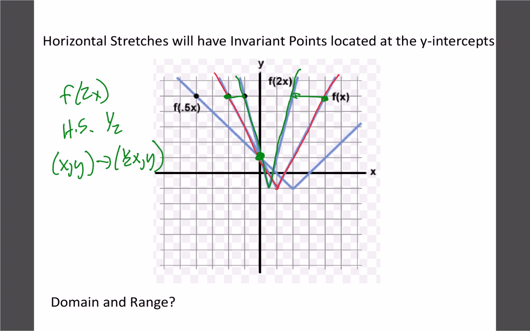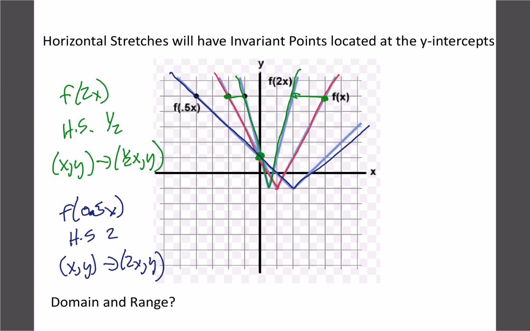Okay, and let's do the last one that's shown here. It's hard to see the decimal, but the equation is f of 0.5x. If that's 0.5 or half to start with, that'll make a horizontal stretch of 2. It's going to be twice as big if we do the reciprocal of a half. So all of our x-coordinates should be twice as wide.